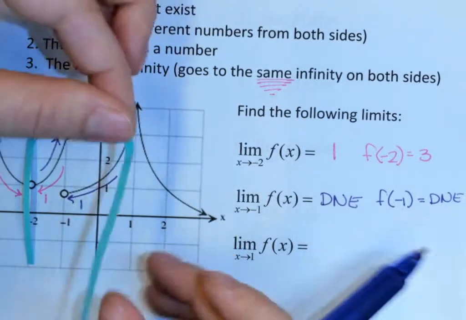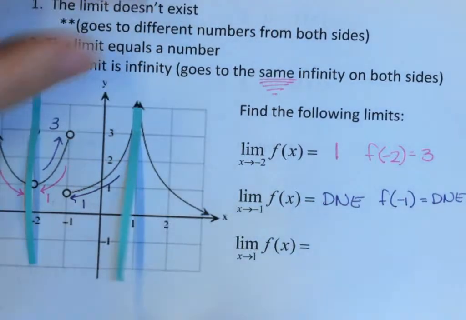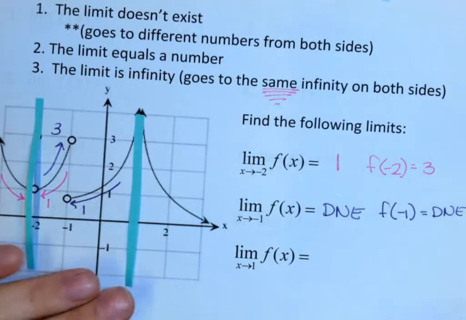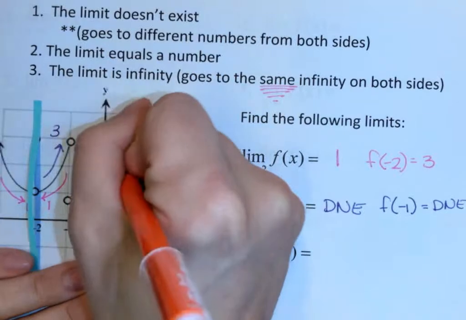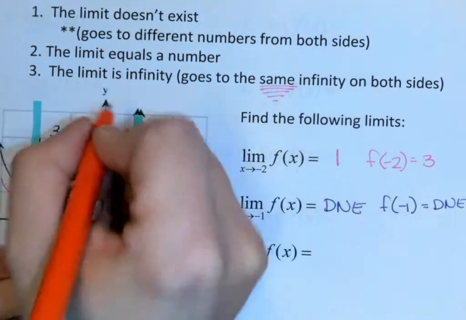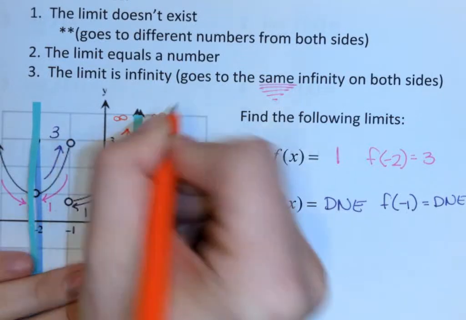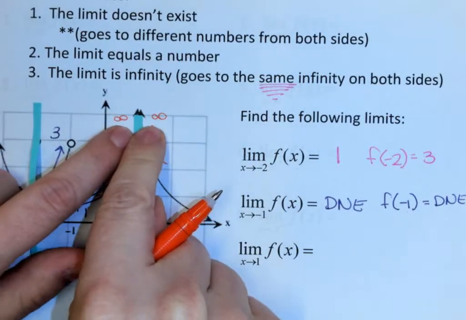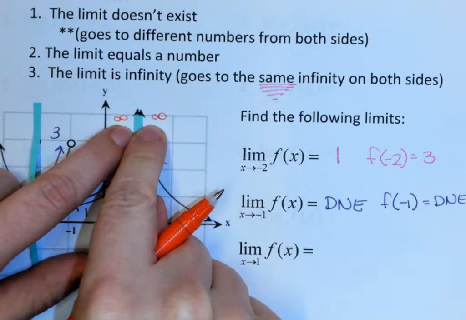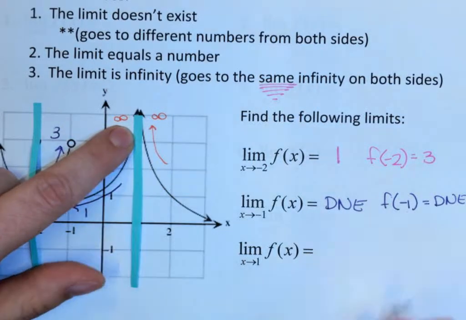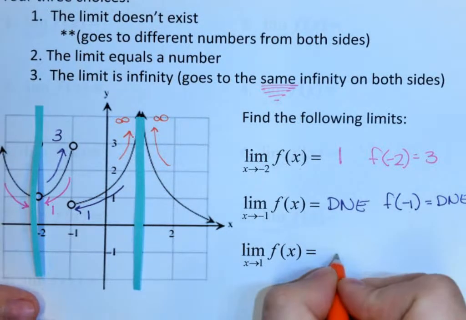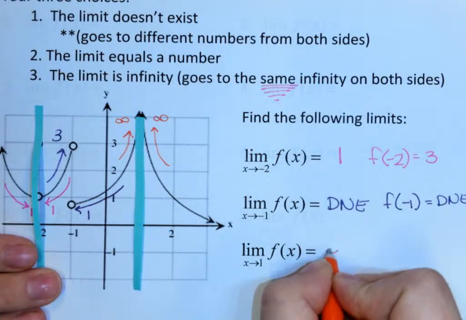Okay? And if I were to look at this last one right here, as x goes to +1, what is my graph going to from this side? Infinity. What's the graph going to from this side? You see, those are both the same infinities. It's not positive and negative. So that means what is the limit? Infinity.